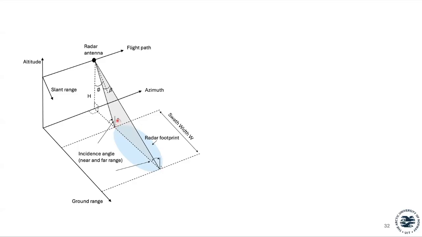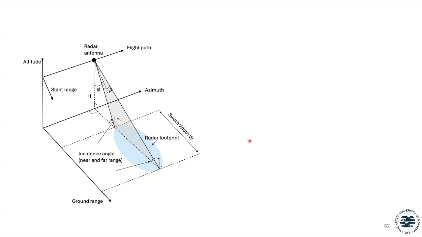And you have this thing called an incidence angle between your signal and the normal of your target. Your incidence angle can be in near range, which would be here, or in far range. And your radar has this footprint, which means it captures the image across quite a wide and long scene. So it doesn't just capture one pixel, but multiple.